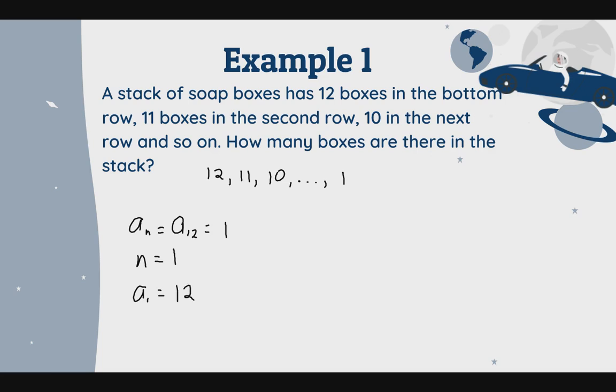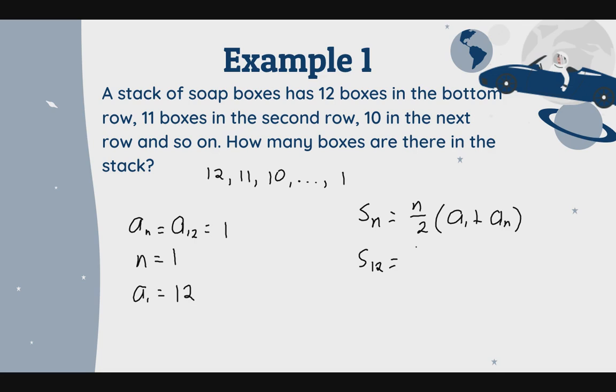So by using the formula S sub n is equal to n over 2 times quantity a sub 1 plus a sub n, we will have S sub n. We are looking for the sum of the 12 rows of boxes.